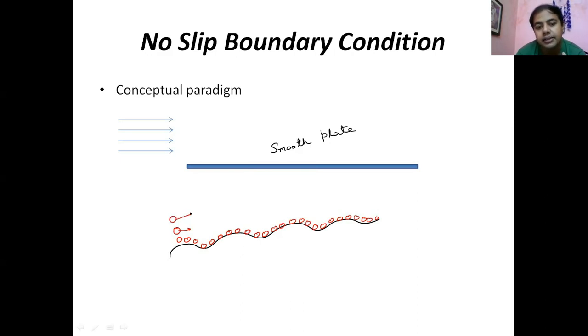The next layer has some more velocity. So the velocity is changing layer to layer. The just adjacent layer has no velocity, the next layer has slightly more velocity, the next layer further more. In such a way, the velocity is increasing layer to layer, which means the momentum is also transferred in this way. So momentum transfer.